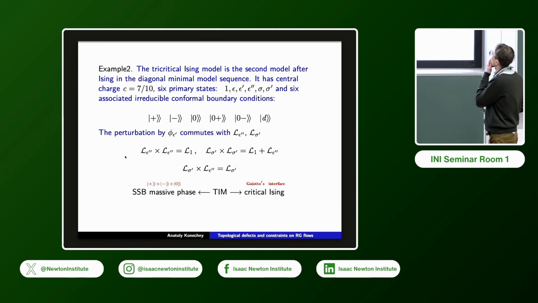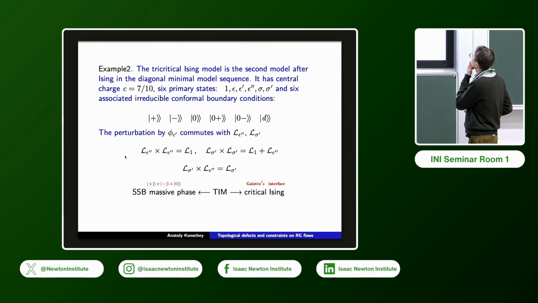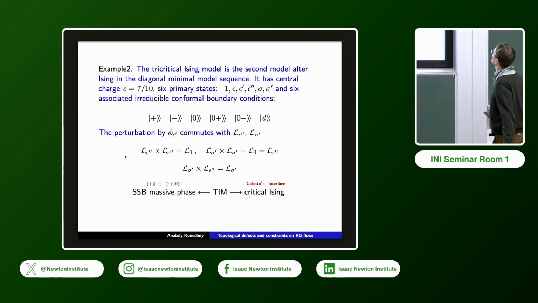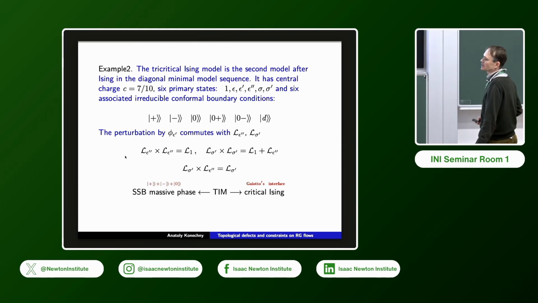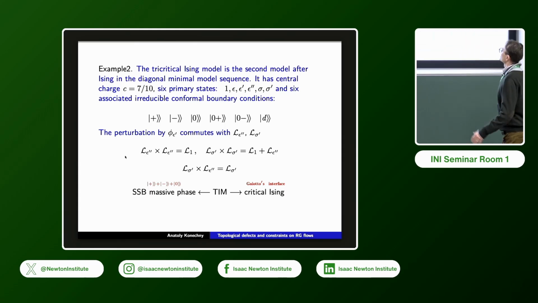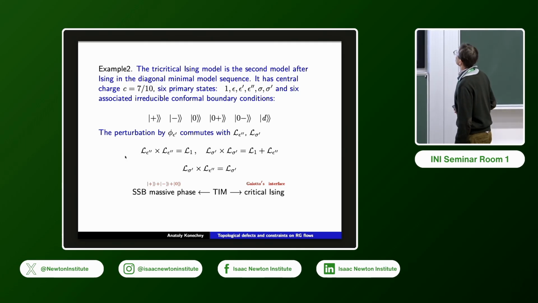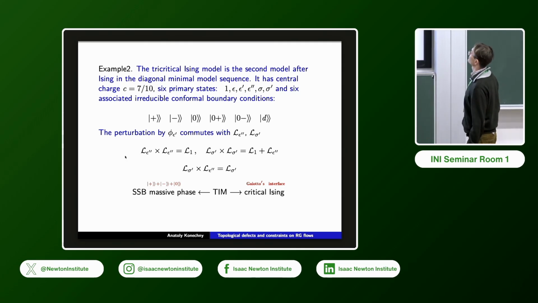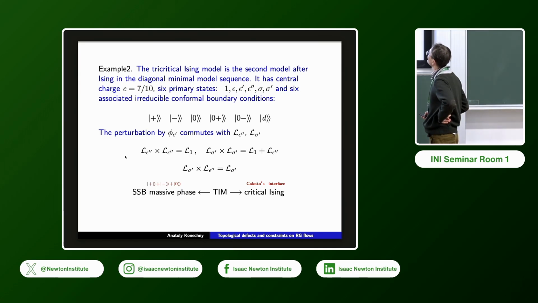So you can have either spin plus, spin minus, or spin 0. Spin 0 plus means essentially that either 0 or plus is allowed on the boundary. And D, you could probably think about as some free boundary condition, although traditionally it's denoted by D, which is for disorder or discrete.